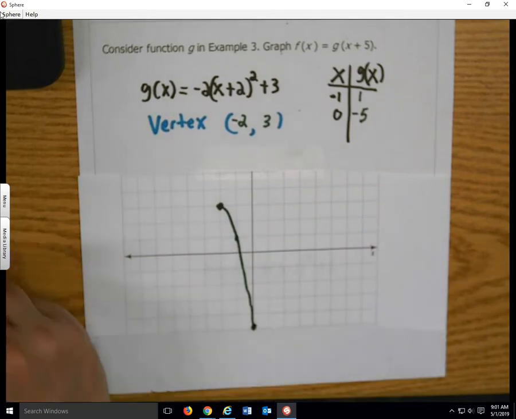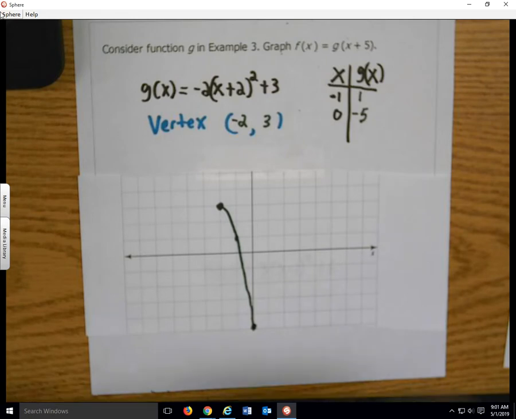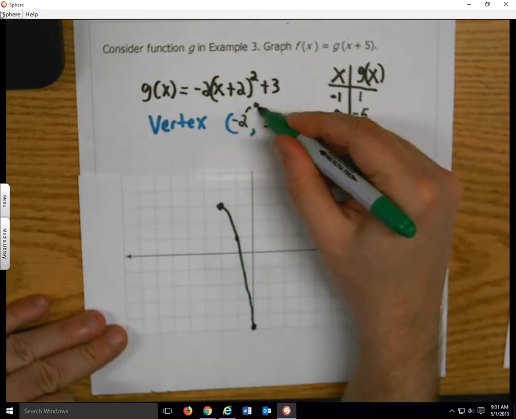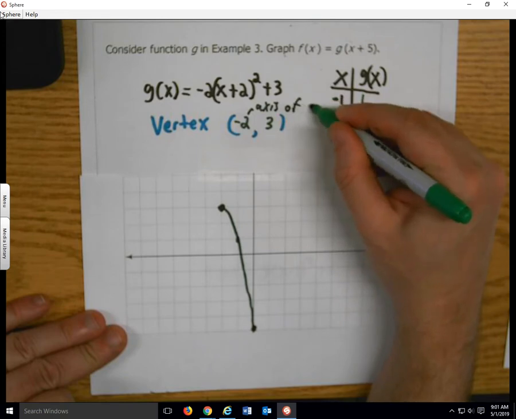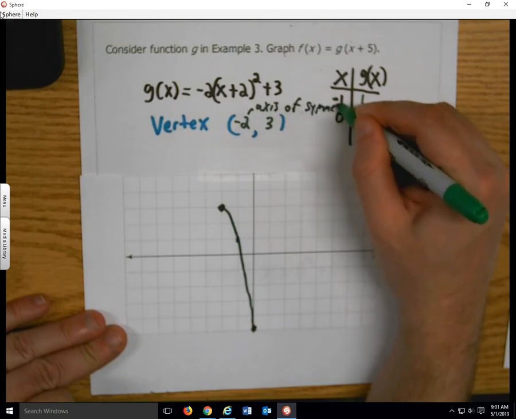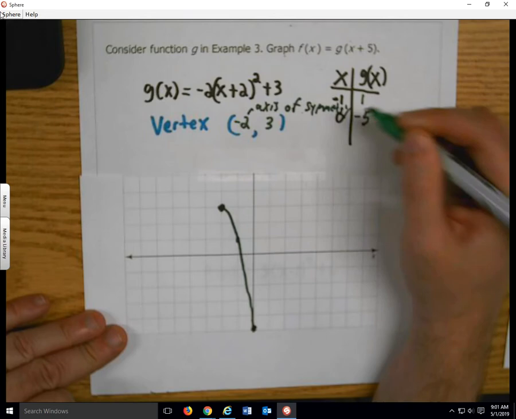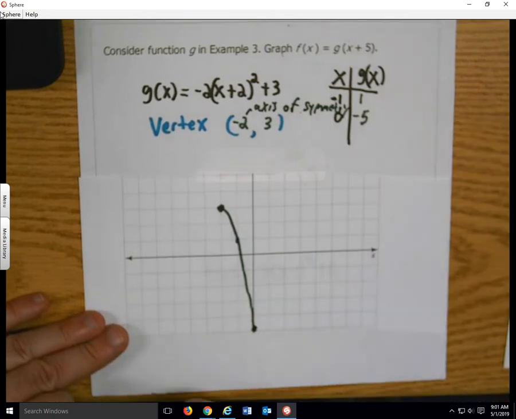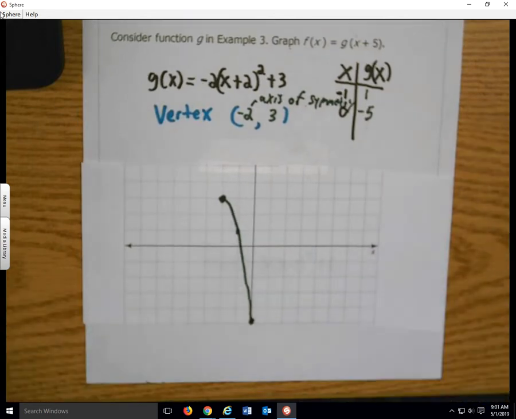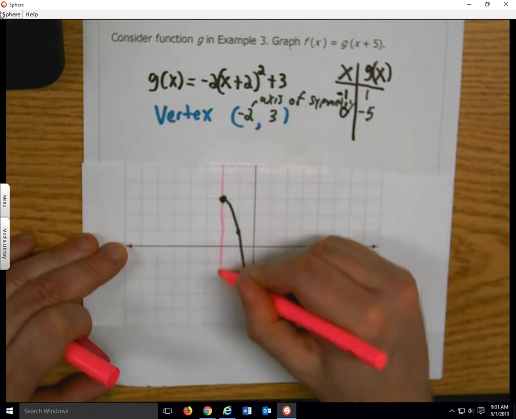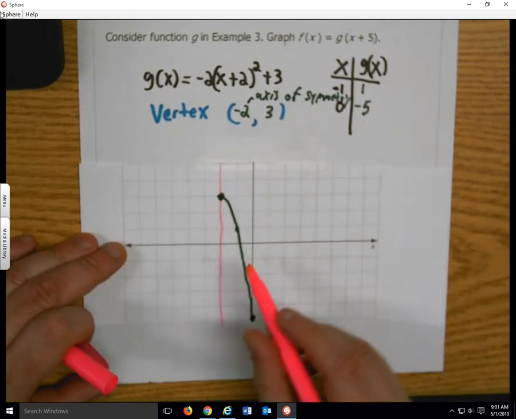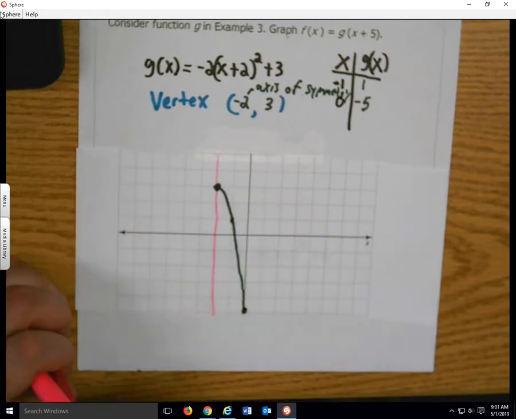And just as a review, the first point of the vertex is also the axis of symmetry. Axis of symmetry means that's the line that divides the parabola in half. And since it's symmetric, it reflects. Whatever you did to one side, you do to the other.